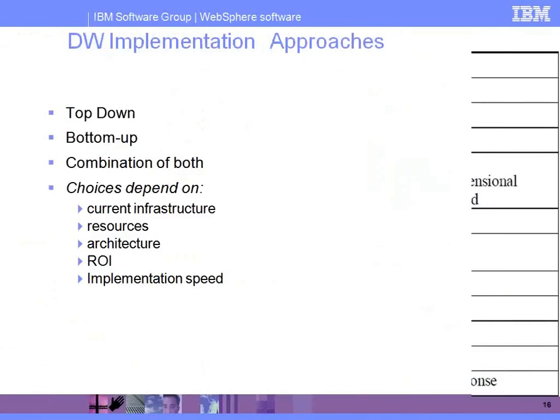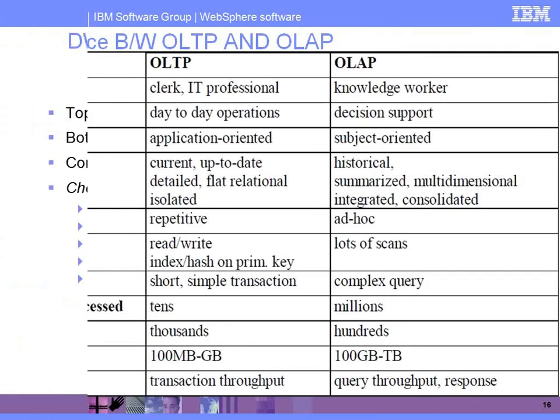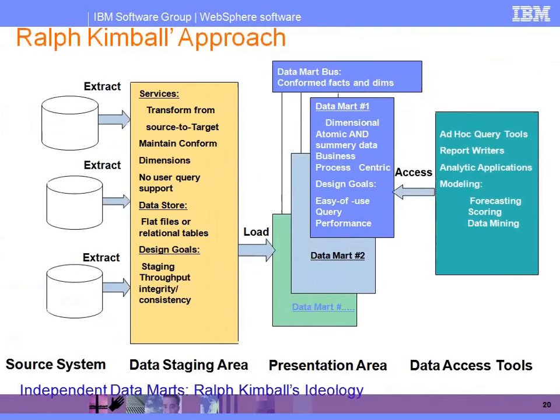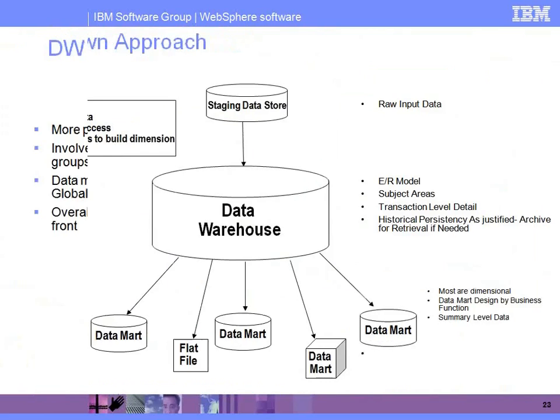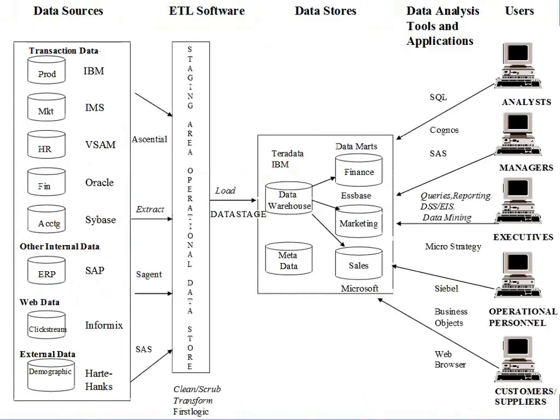Up to this part we covered the difference between online transaction processing systems and online analytical processing systems also. Now we are going to start with the data warehouse architecture. Let me show you one architecture, then we'll come back to how we are going to implement that architecture. This is a basic architecture for a data warehouse, but depending upon the project, the architecture will vary.